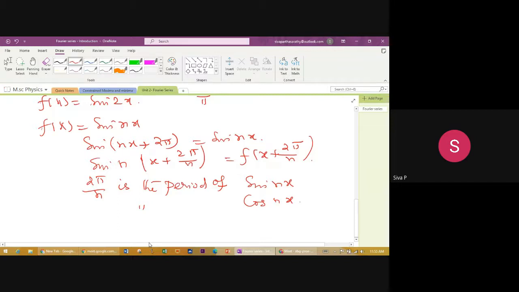Okay. Then we can define the Fourier series now. Fourier series definition.